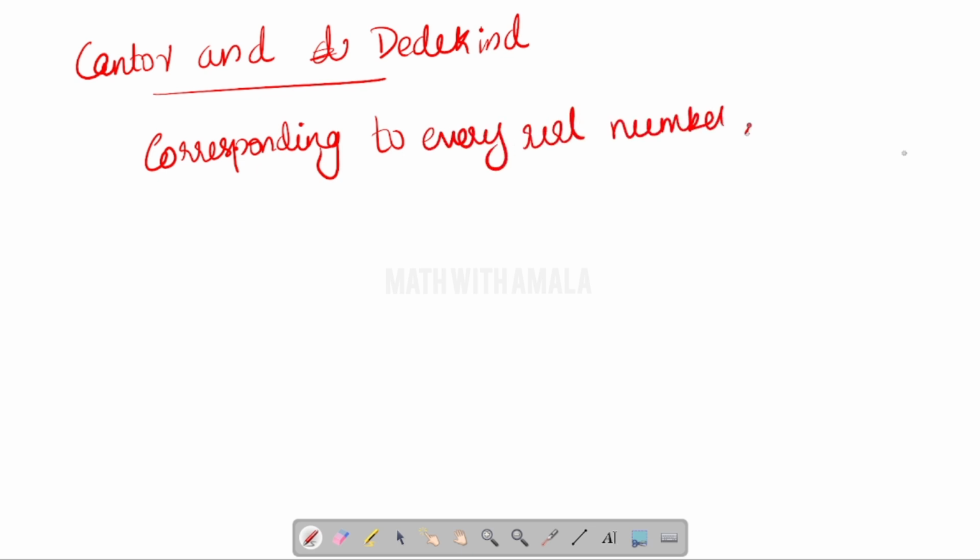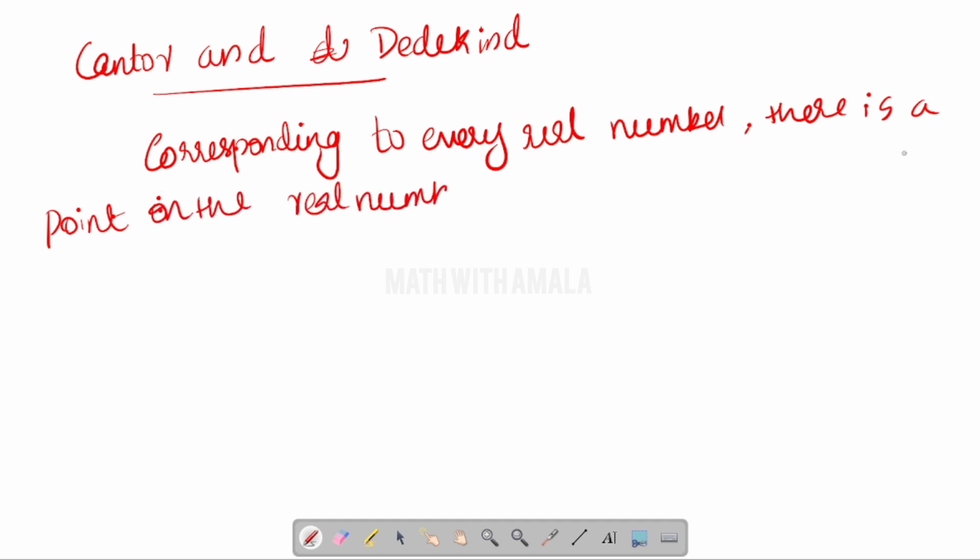So according to them, corresponding to every real number, there is a point on the real number line. Actually, this is true, as we have discussed in the previous class. If we take any real number, you can find a particular point on the number line. Even if it is rational, irrational, a whole number, whatever the number, with a point or continuous, even if it is recurring or non-recurring, you can find it on the real number line.